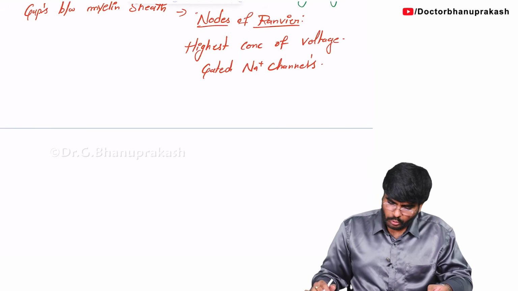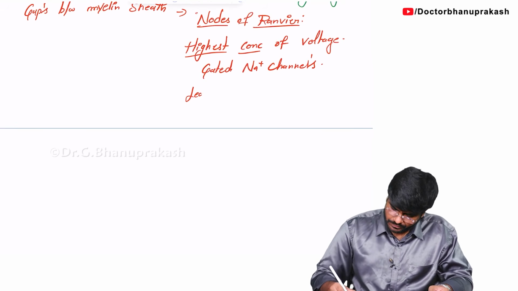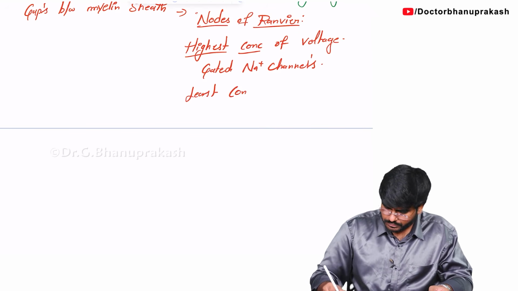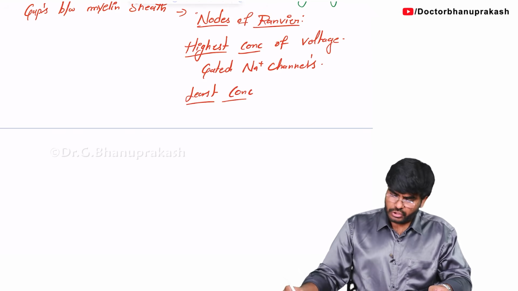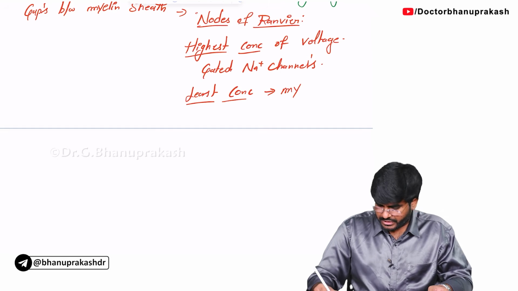The voltage gated sodium channels are going to be more in number. And where do you see the least concentration? The least concentration of voltage gated sodium channels is going to be seen in the myelin sheath.